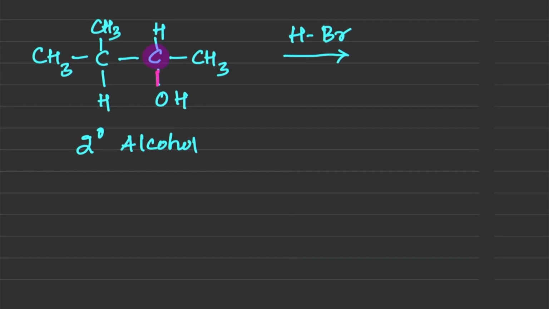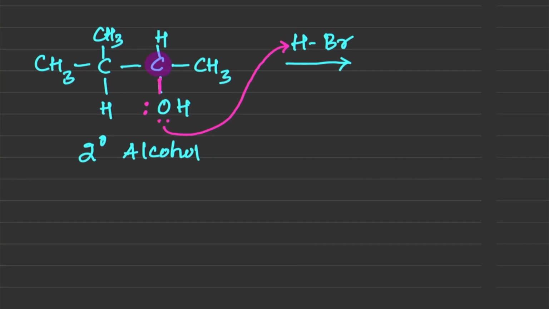So let's begin from here. The mechanism starts the exact same way. You have an acidic proton with HBr, and your oxygen has a lone pair, so that's a match made in heaven, right? They're going to attract each other. What is the product that you'll be making from this step? Now your bromine will run away with the 2 electrons.